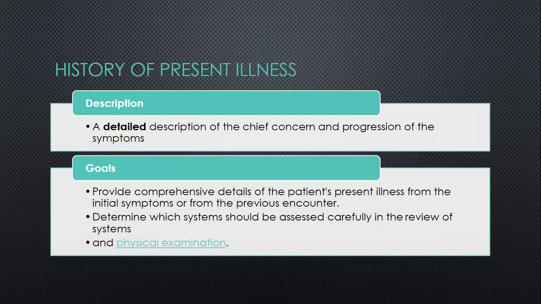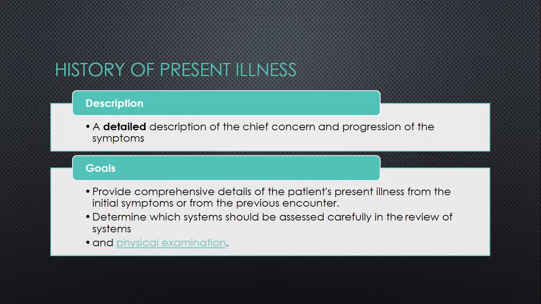Okay, so the next one would be history of present illness. What is it? It is a detailed description of the chief concern and progression of the symptoms. And it has several goals.